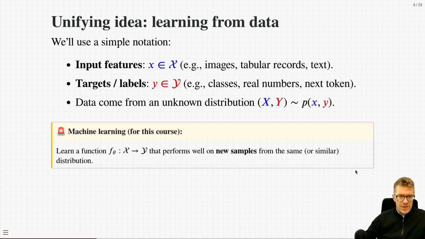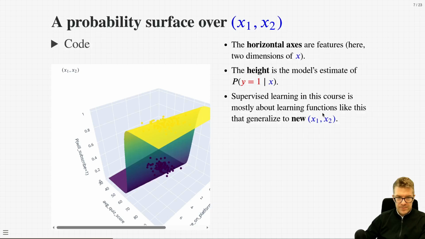In this course, like we mentioned in the previous module, we want to learn some function, call it f sub theta, where theta is our parameters, that maps X onto Y, and especially will perform well on new samples from the same or similar probability distribution.